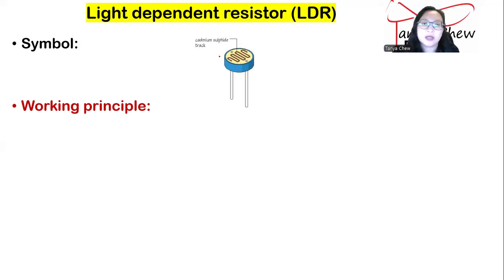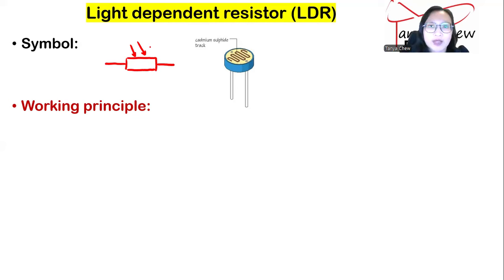It depends on light. So for the symbol of LDR, you just draw a rectangular shape like this, draw two horizontal lines at the two ends, and then since it depends on light, you have to draw arrows to hit it, because light must shine onto the LDR. Then only LDR will respond to the light.